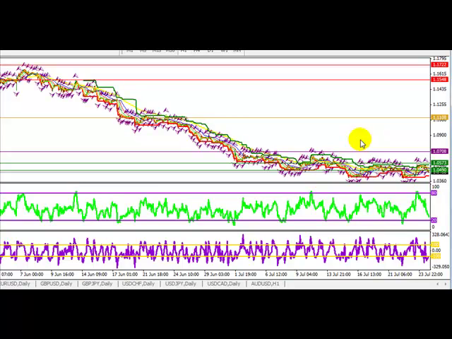And USD CHF usually goes opposite of euro dollar. Usually USD CHF is the inverse of euro dollar. So if euro dollar goes long, USD CHF goes short. So this trade may not even happen. This USD CHF trade that we're taking in Forex is totally opposite and going against everything that we're going for in the stock market, because we want the stock market to go long.